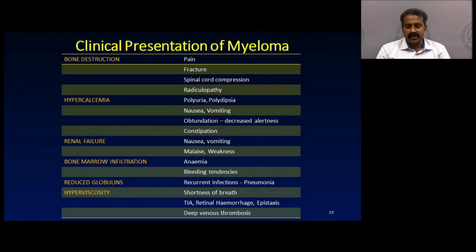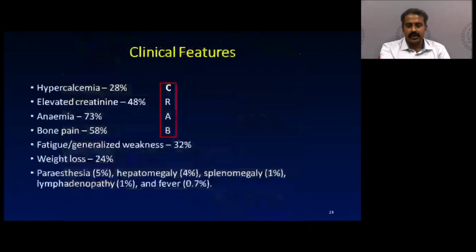Renal failure usually presents with non-specific symptoms like nausea, vomiting, malaise, and weakness. Bone marrow infiltration can cause various degrees of cytopenia, anemia, and bleeding tendencies. The reduced normal immunoglobulins can cause recurrent infections and pneumonia by capsulated organisms. Hyperviscosity can cause shortness of breath, symptoms of transient ischemic attack, retinal hemorrhages, epistaxis, and deep vein thrombosis.